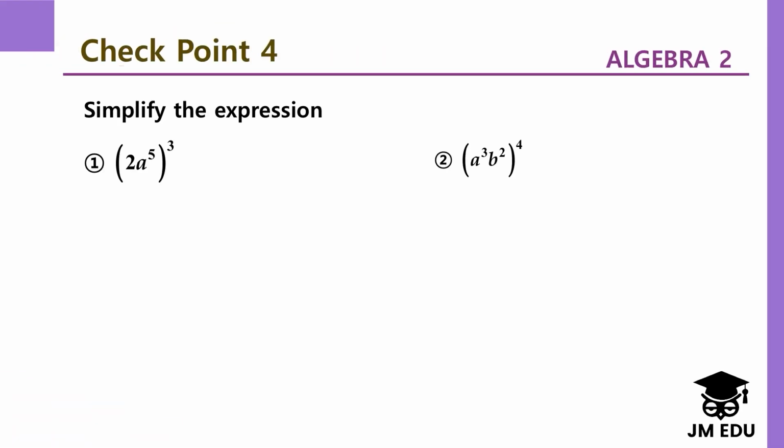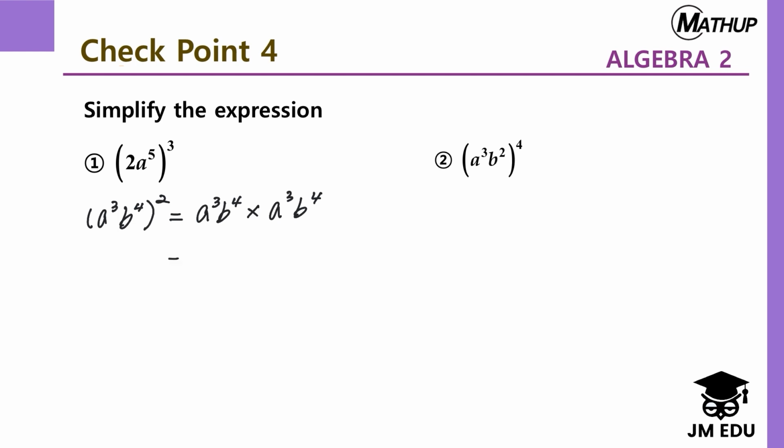Checkpoint 4. The question is to simplify the expression. Let's say we have (a cubed b to the 4) to the power of 2. This is equal to a cubed b to the 4 times a cubed b to the 4.